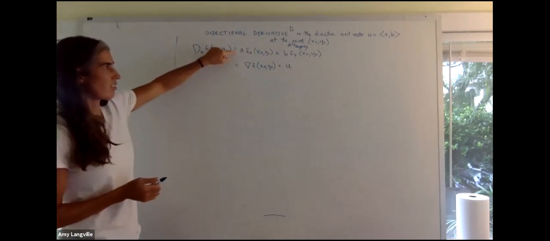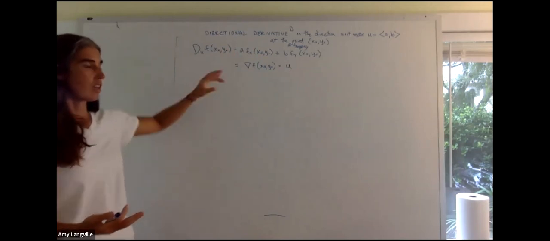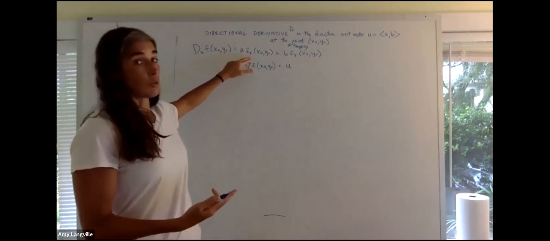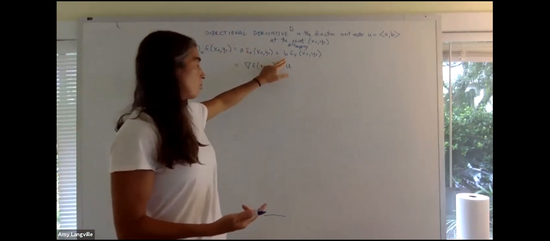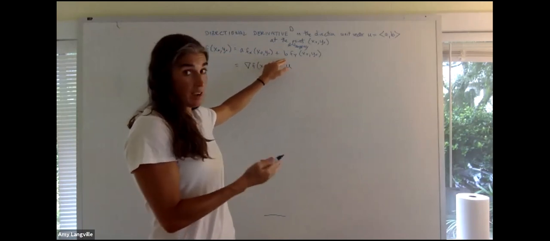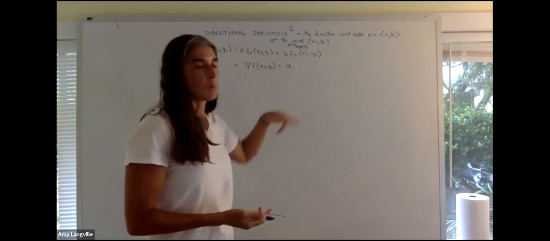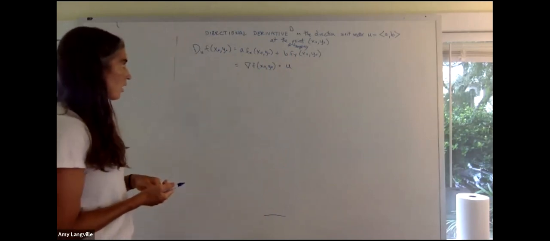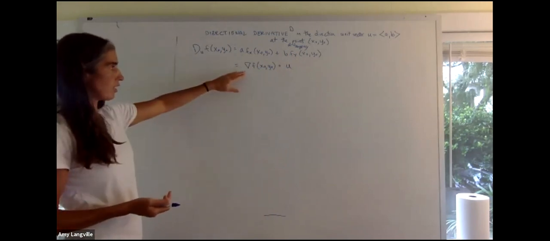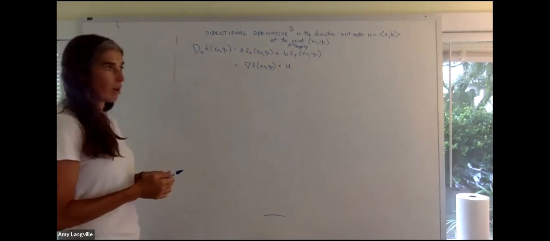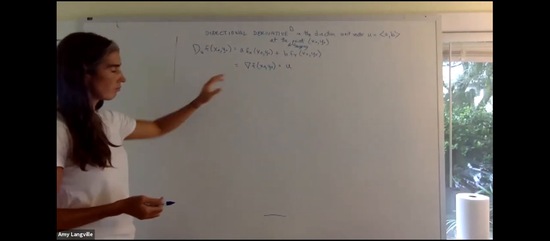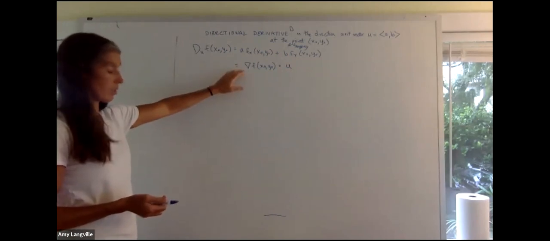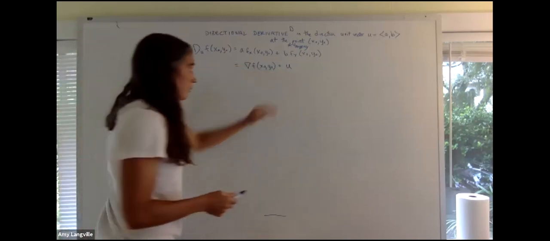So again, the first line kind of shows you this weighted average, that it's some weight a times your partial with respect to x, plus some weight b, this weighted average idea, of your partial with respect to y. And then a shorthand way of saying that is just the dot product of the gradient with your unit vector.